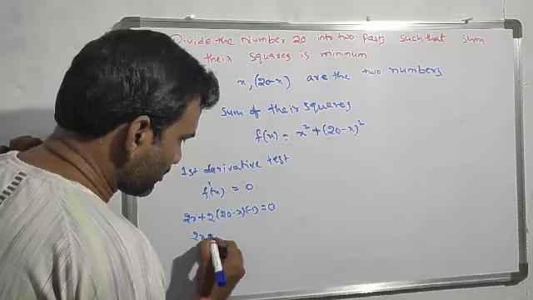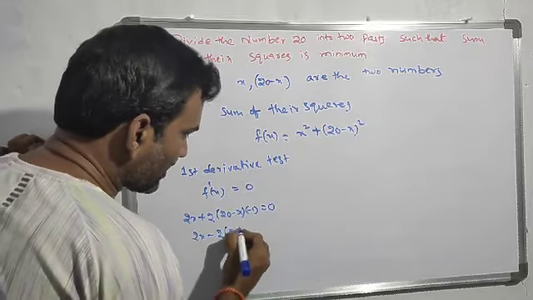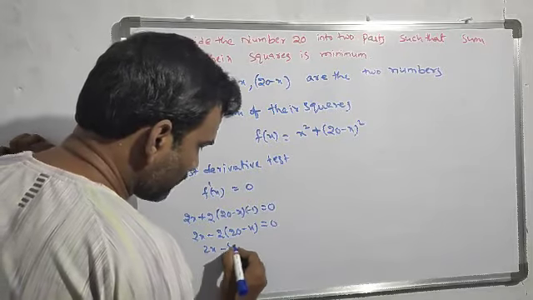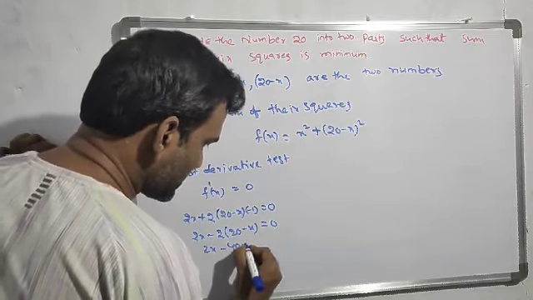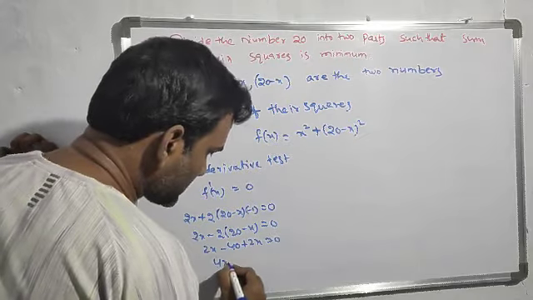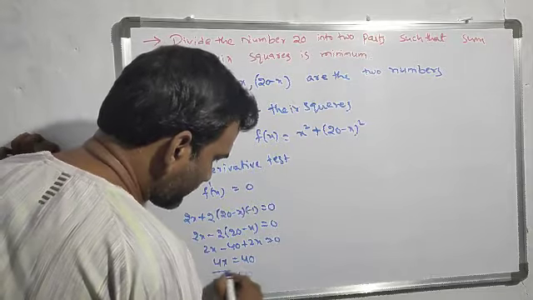So 2x minus 2 into 20 minus x equal to 0. 2x minus 40 plus 2x equal to 0. 4x equal to 40, x equal to 10.